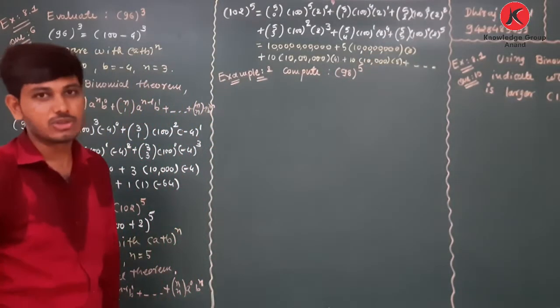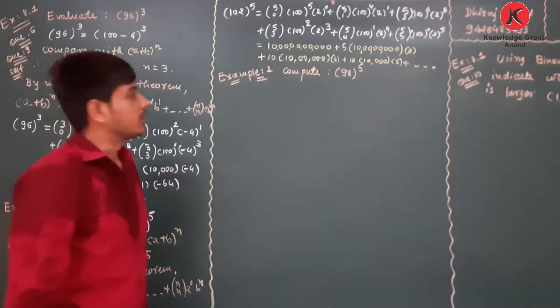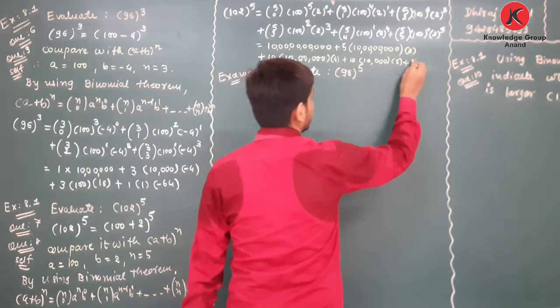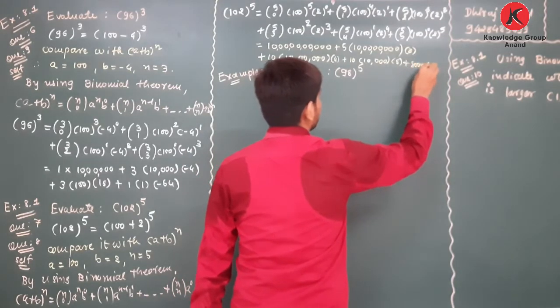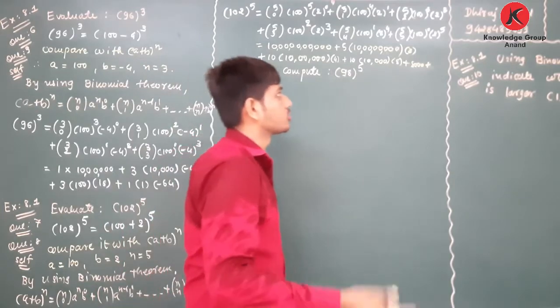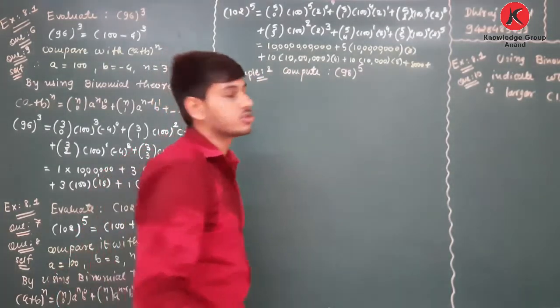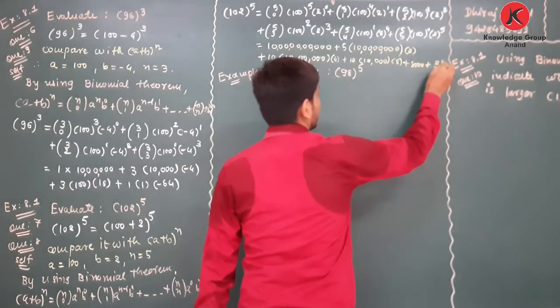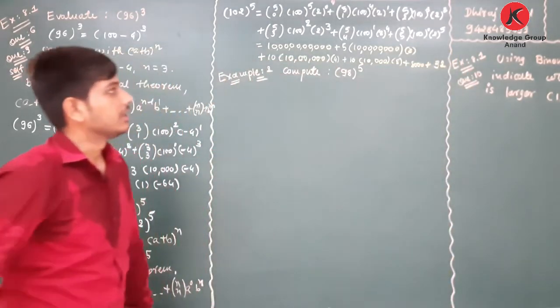So 16 into 500 is 8,000. You can directly write it, no problem. It becomes 8,000. Plus next 5C5 is 1, 100 raised to 0 is 1, plus 2 raised to 5 is 32, so directly you can write it like this as 32.